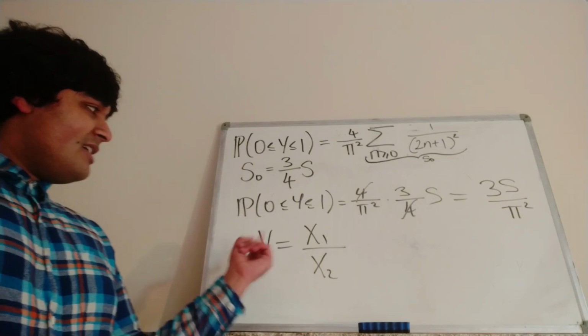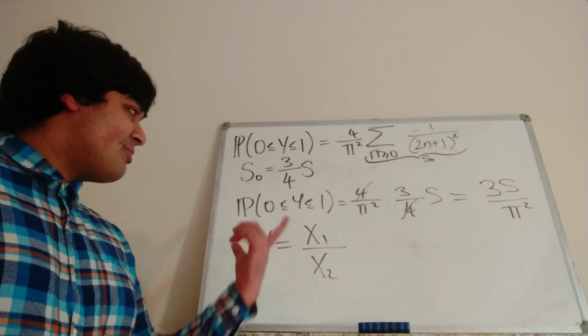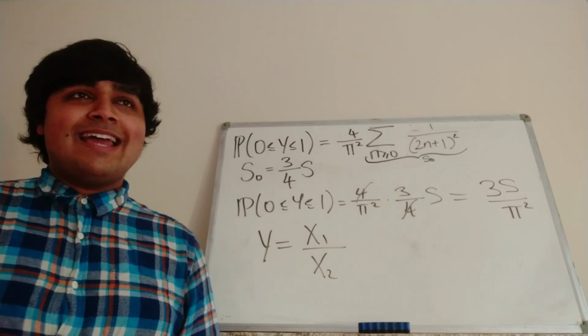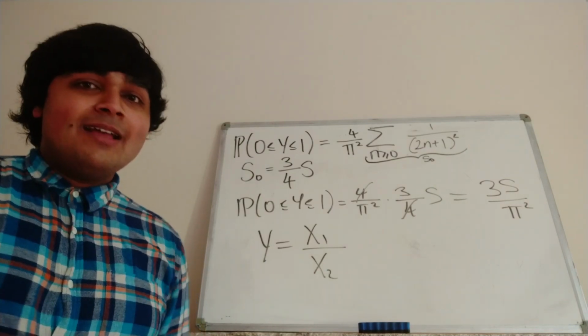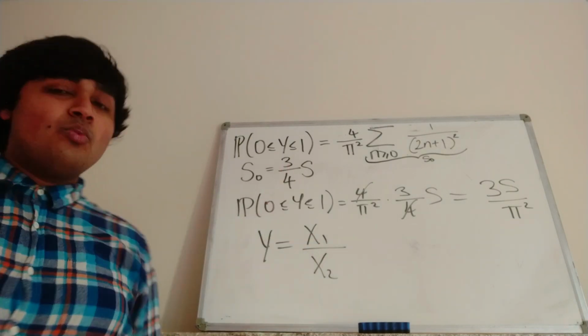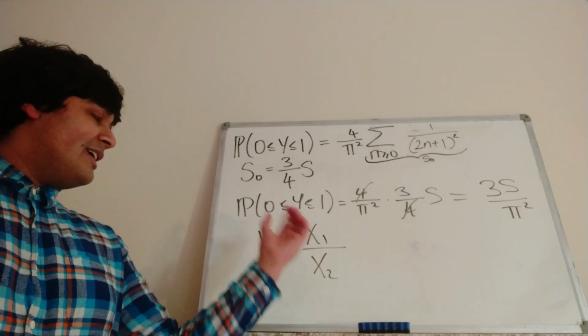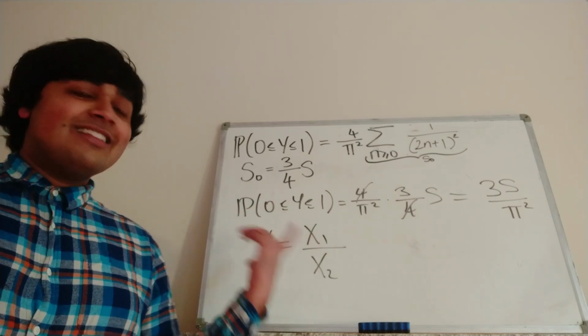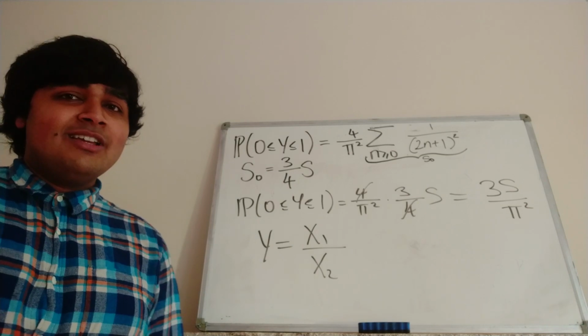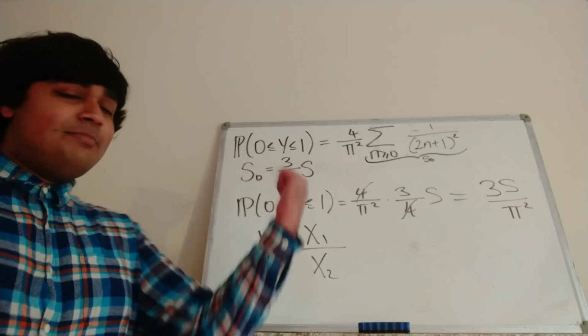We're going to apply that same logic here. The probability that x1 is bigger than x2 is exactly the same as the probability that x2 is bigger than x1. If x2 is bigger than x1, then that's precisely saying that y lies between 0 and 1. And conversely, if x1 is bigger than x2, then y is bigger than 1.